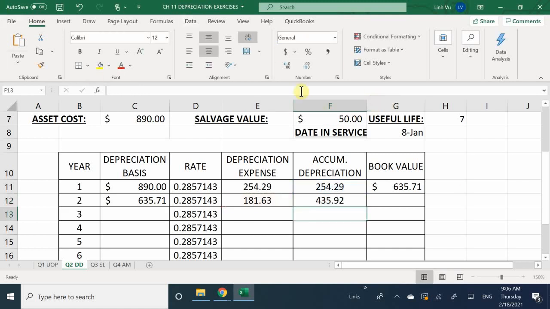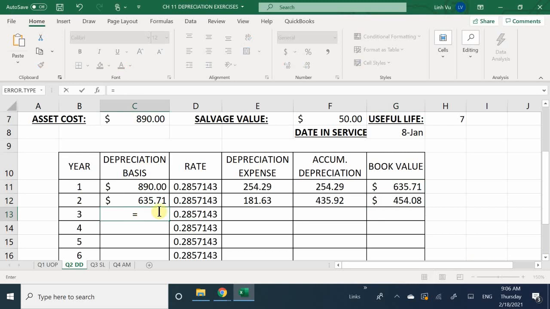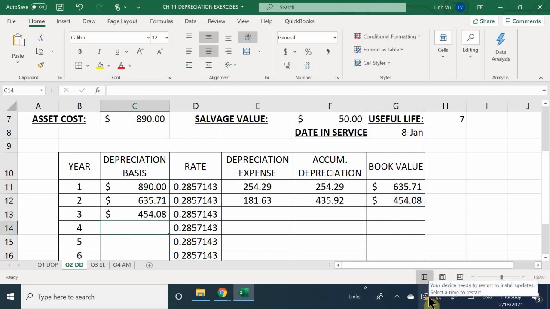And then lastly, what is my book value as of year 2? 454.08. Good. That makes it my book value for year 3.